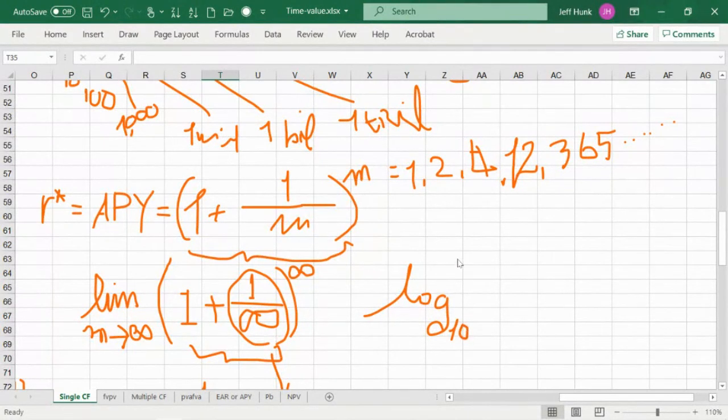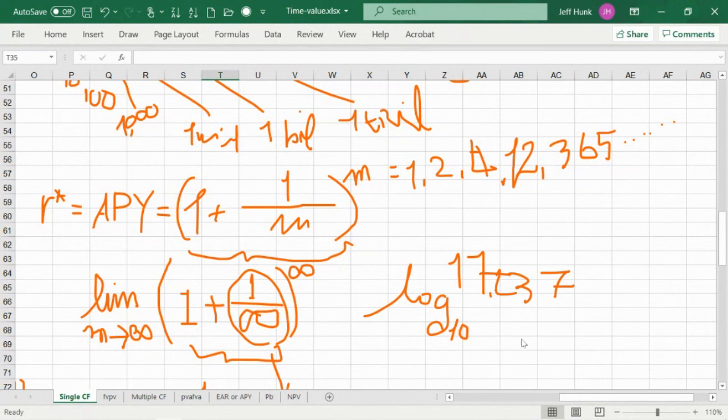We can take base 10 log of 17.237 or something like that. Theoretically, that's possible, but we can't calculate it mentally, right?